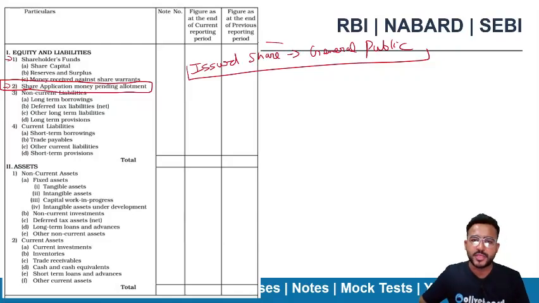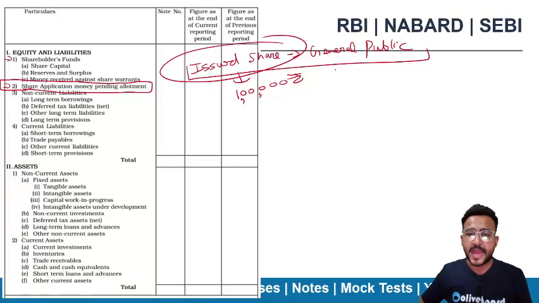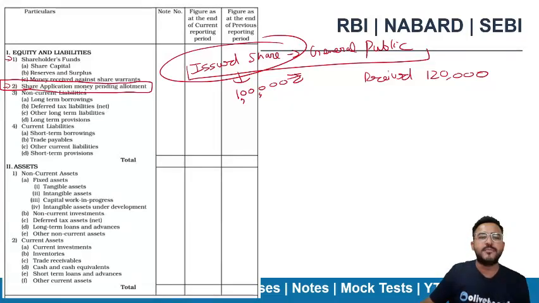Let's suppose my issued share capital was 1 lakh rupees. So I have issued 1 lakh rupees as my share capital. But I received 1,20,000 as share application money. So this is share application money, but which is pending allotment.